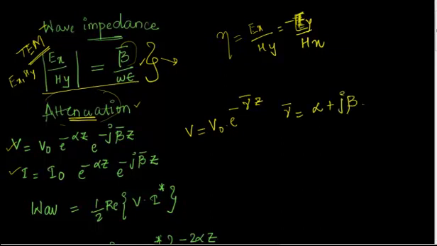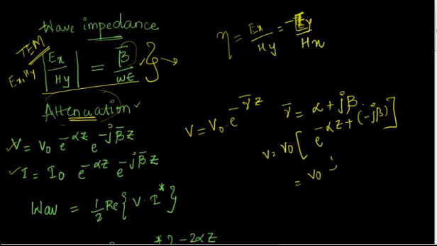The same I am substituting here, that is V is equal to V naught into e power minus alpha z plus minus j beta, that is V naught into e power minus alpha z into e power minus j beta z. That is the same equation here. This is a relation for voltage, and we can get a similar relation for current.